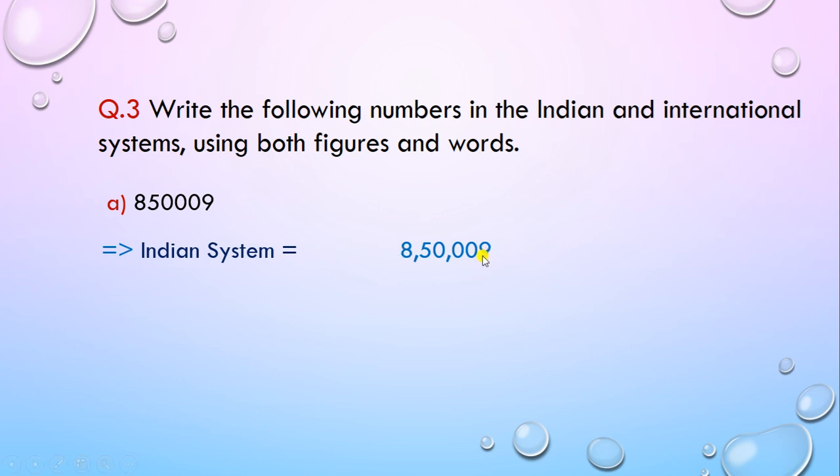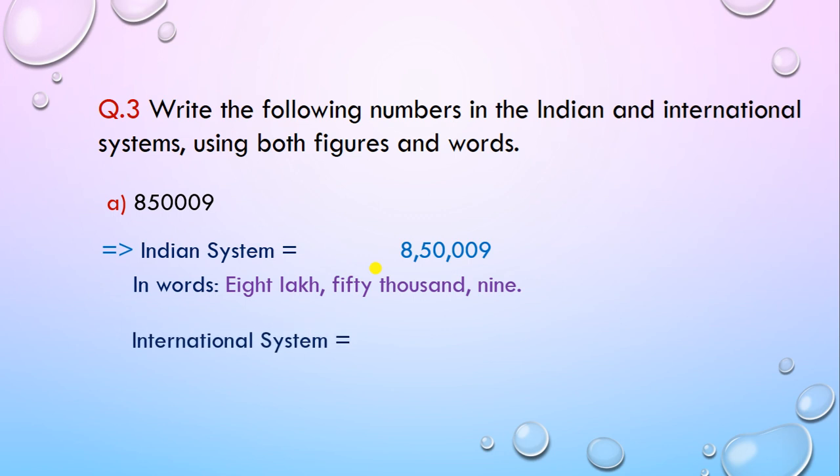We have to count the digits 1, 2, 3, comma, then 1, 2, comma. So here the first period is the ones period, and after that we have to make groups of 2, 2. Let's write this number. 8,50,009.